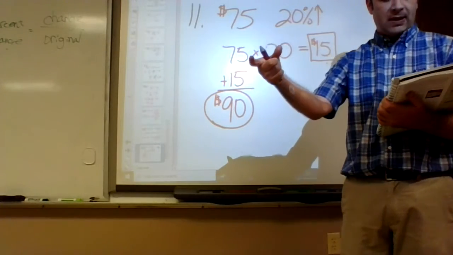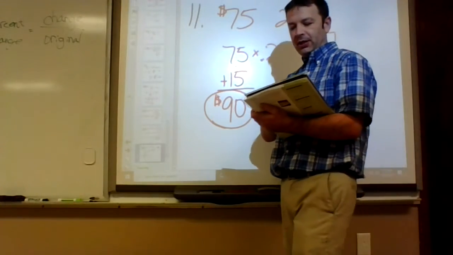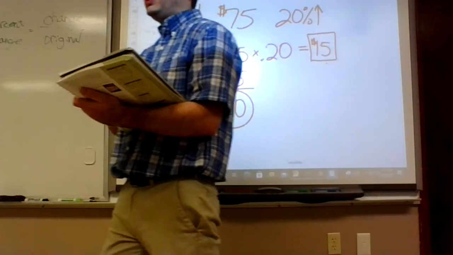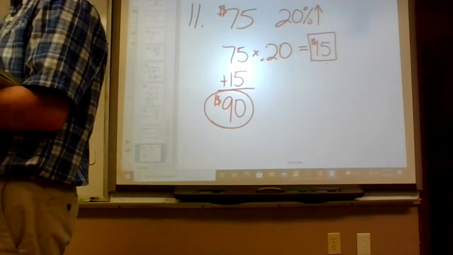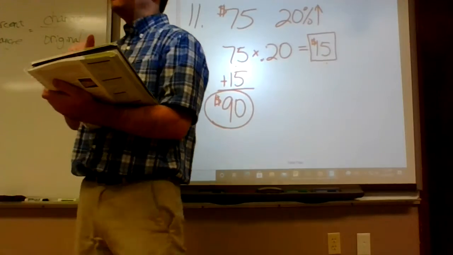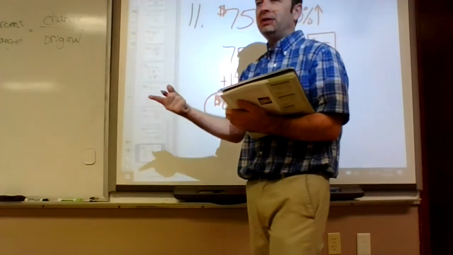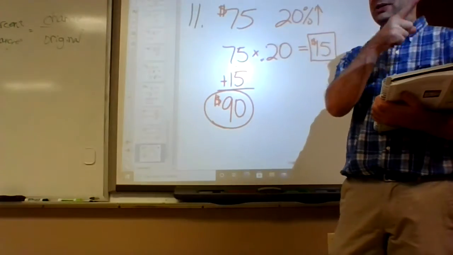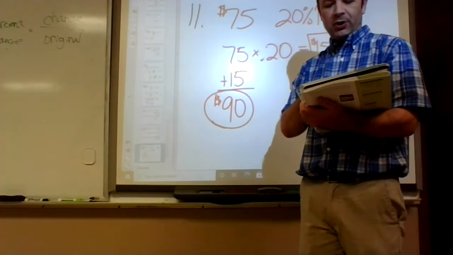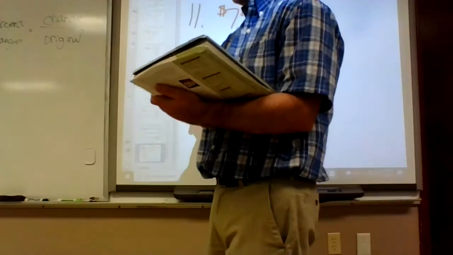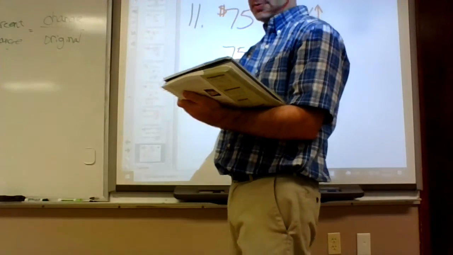So on number 13, I'm missing A. So how do I go backwards to find A? Divide. If A times B equals C, then C divided by B gives me A, right? If cost times markup rate gives me markup, then markup divided by the rate gives me cost.